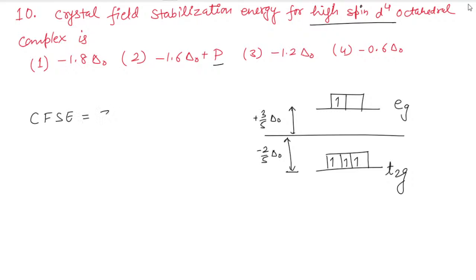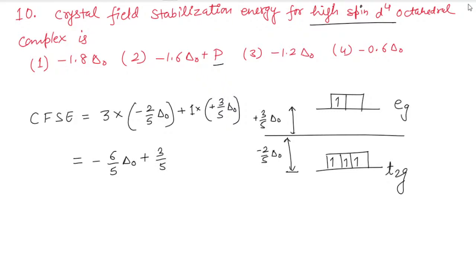There are 3 electrons in the t2g, and per electron energy is minus 2 by 5 delta O, plus there is 1 electron in the eg, and per electron energy is plus 3 by 5 delta O. So it is minus 6 by 5 delta O plus 3 by 5 delta O. That means it comes out to be minus 3 by 5 delta O, or we can say minus 0.6 delta O. So option 4 is correct.